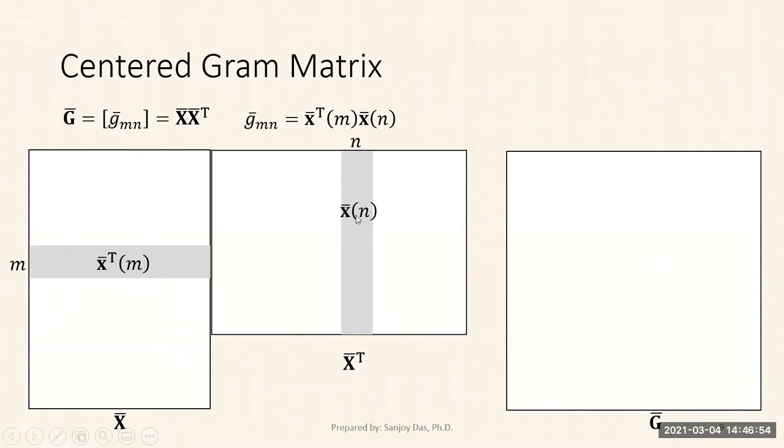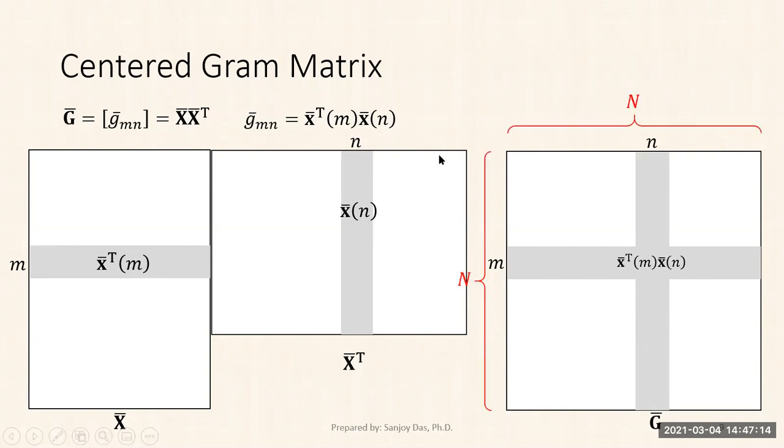The nth column will be X bar n, centered sample n. Okay, and then when we do the multiplication, this is the scalar entry of this matrix G in the mth row and nth column. That's X bar transpose m, X bar n. And remember that this is an n by n matrix.